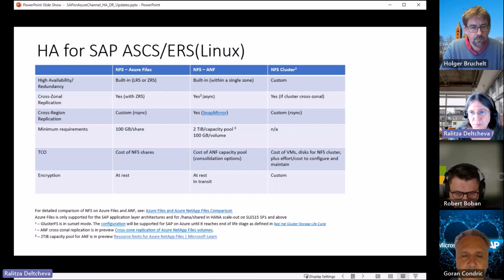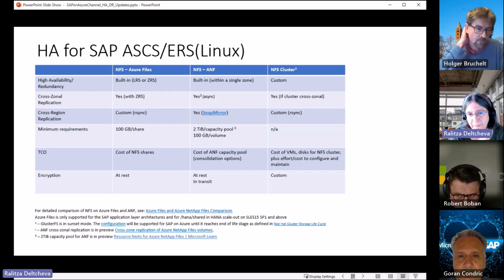Once the capacity pool and the volumes are deployed, they're subjected essentially to the same production SLAs and agreements as a 4 terabyte pool and the volumes deployed in it. So that helps with some customers with a smaller SAP real estate, as it is bringing the bar for using ANF lower. It's 50% lower essentially today.